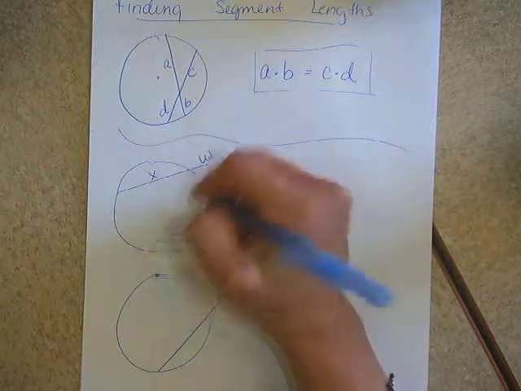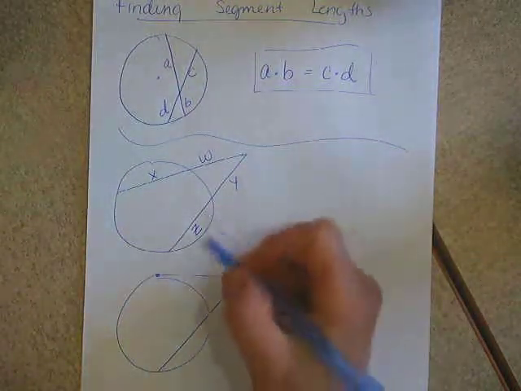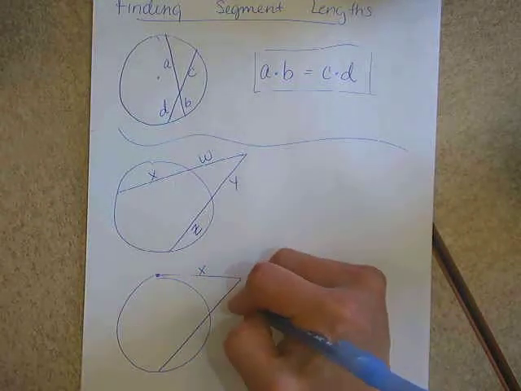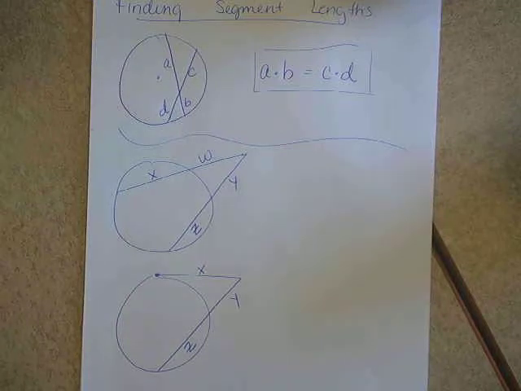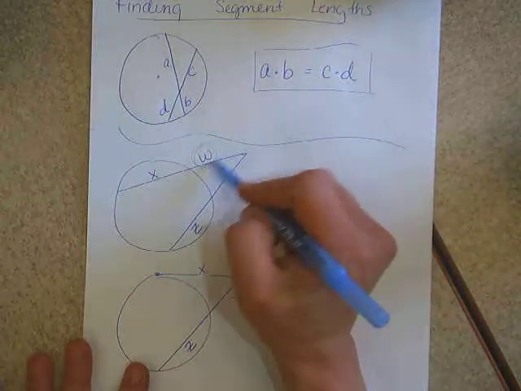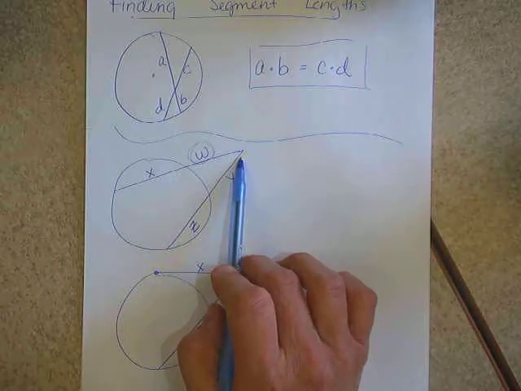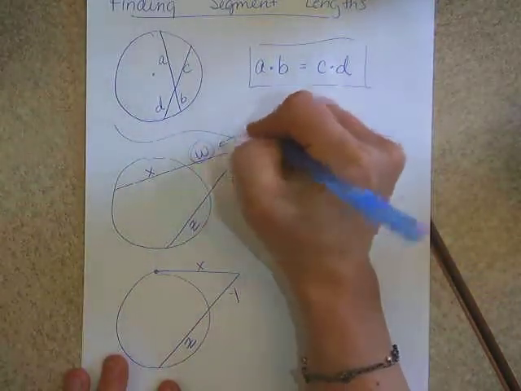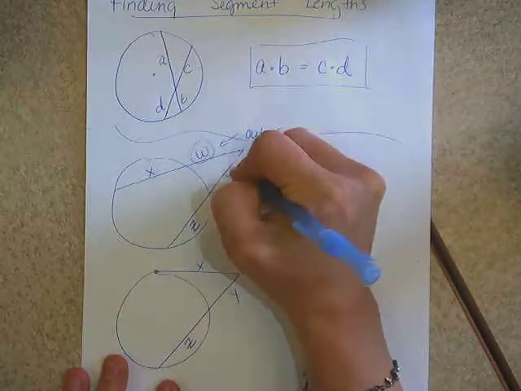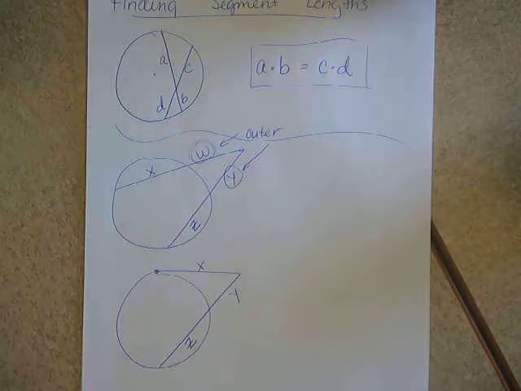We're going to call this X, W, Y, Z. And the other one, we're going to call this X, Y, and Z. So these segments would be considered the outer part of the full segment. So that's an outer, that's an outer.